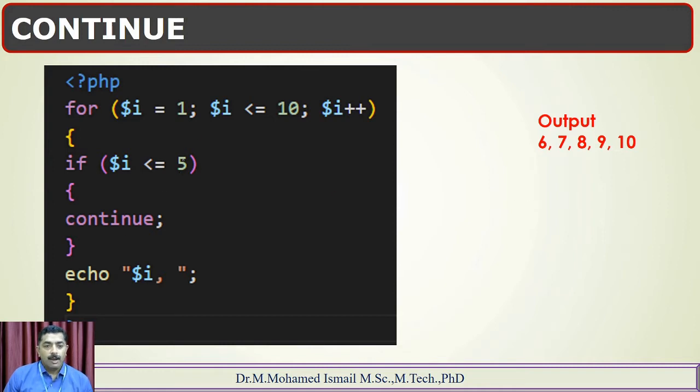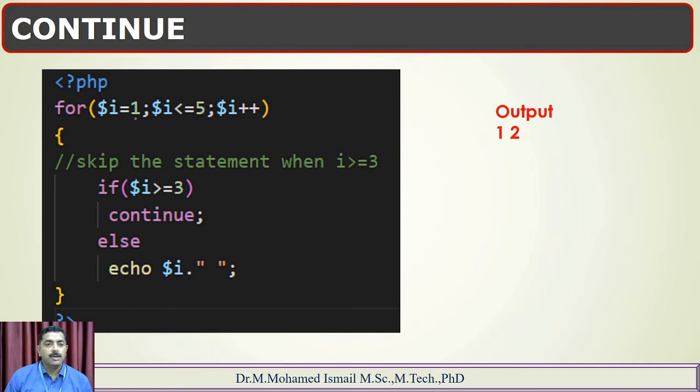Until it becomes 6 the loop will not print anything. First 1 it skips, then 2, 3, 4, 5. Once it comes to 6, it prints with the echo I am giving.